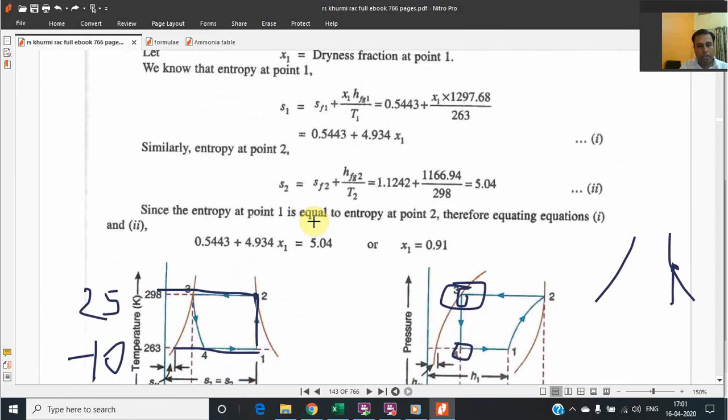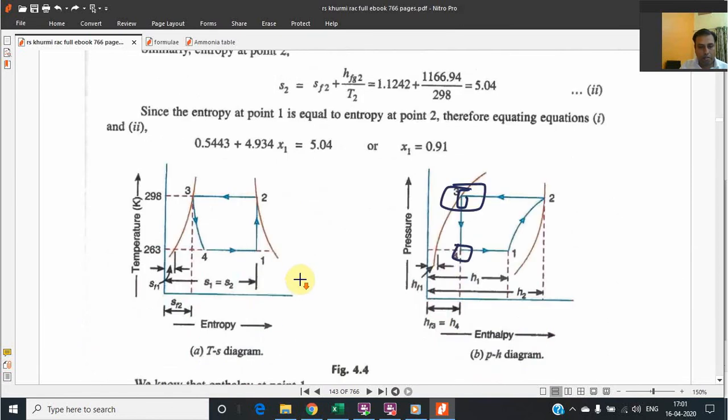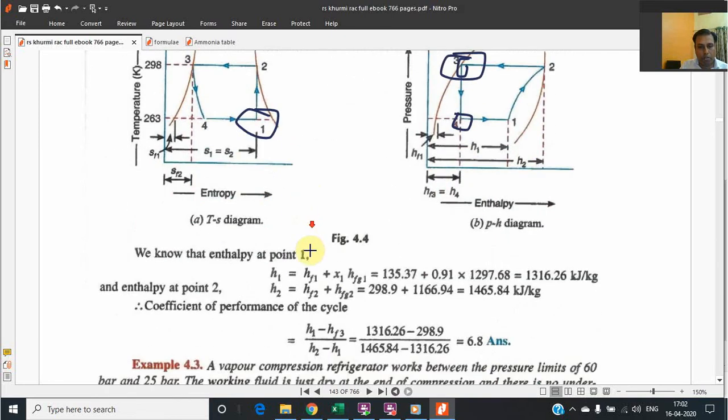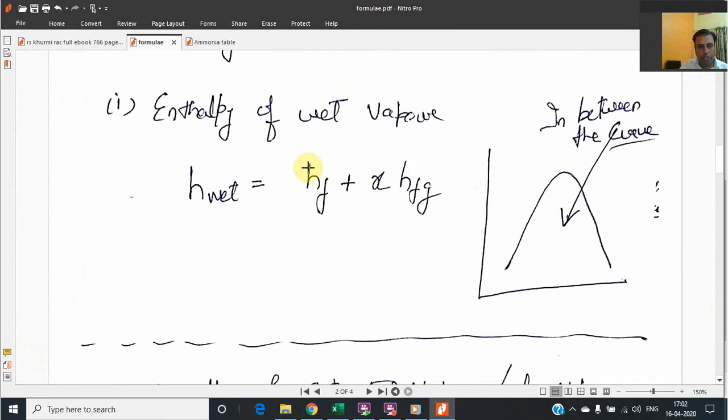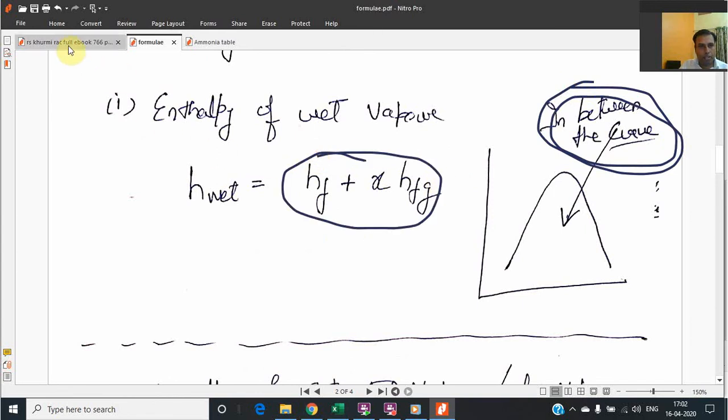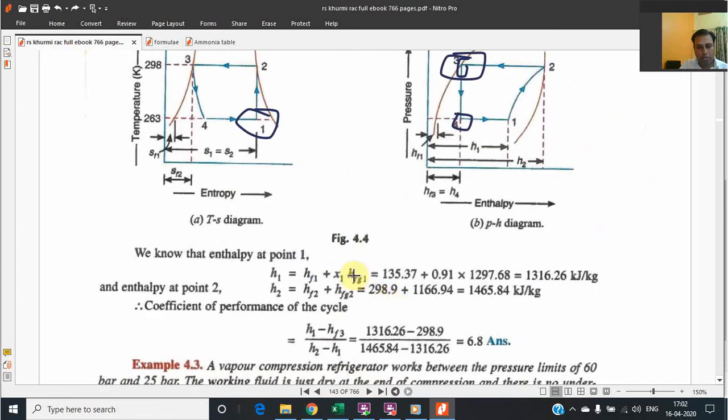What hard work have they done? We are starting with H1, because H1 is between the 2 curves, so the formula for H1 will be HF plus X HFG, because whenever the vapor is wet, in between the 2 curves, see carefully, it is HF plus X HFG. X is unknown. For this we will generate one equation, and we all know from one equation we get one unknown.